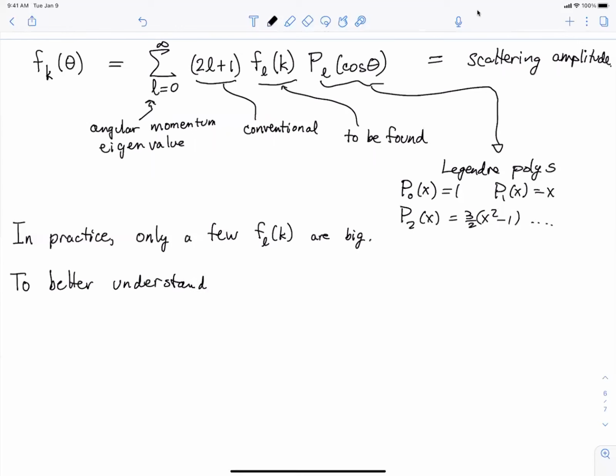So to better understand the partial wave expansion, we've actually already seen last semester what this looks like for a plane wave. So recall for plane wave.